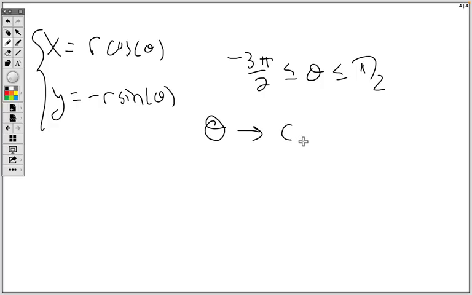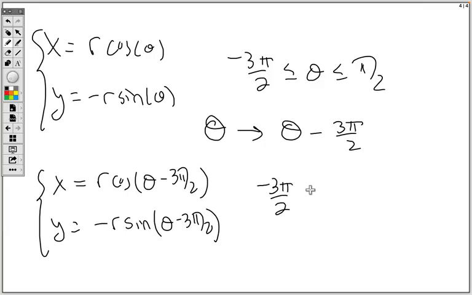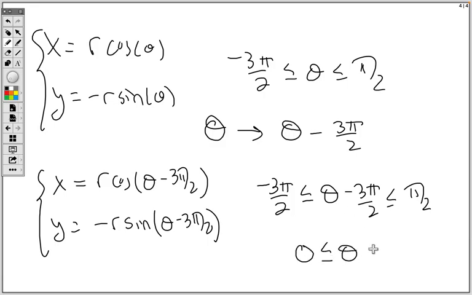So let's go ahead and shift theta to theta minus 3 pi over 2, both here and down there. So my bounds on theta, when I add the 3 pi over 2 across, are now back to 0 to 2 pi, which is comforting, or at least starting at 0.